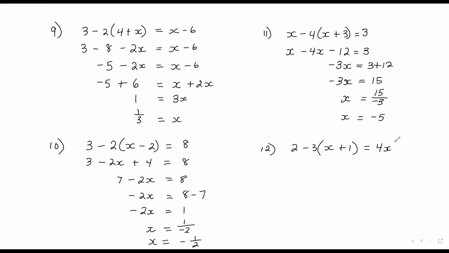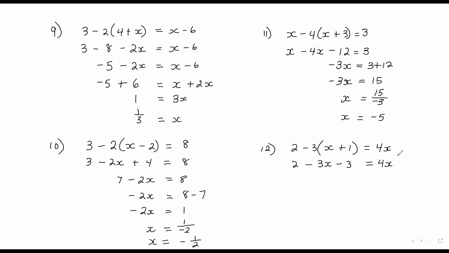What do I do first? The -3 times x will be 2 minus 3x, plus 3. It'll be -3 because minus times plus is a minus. So all of that is equal to 4x.